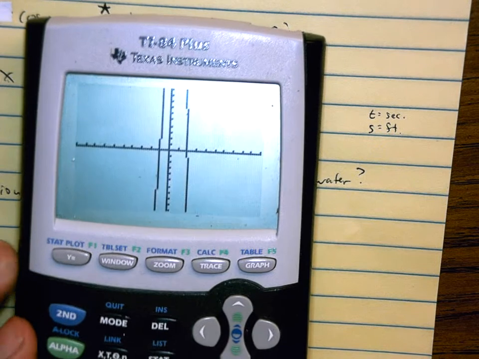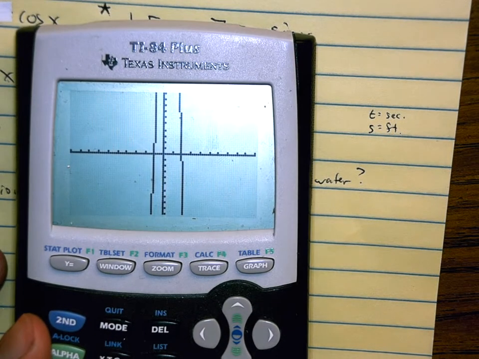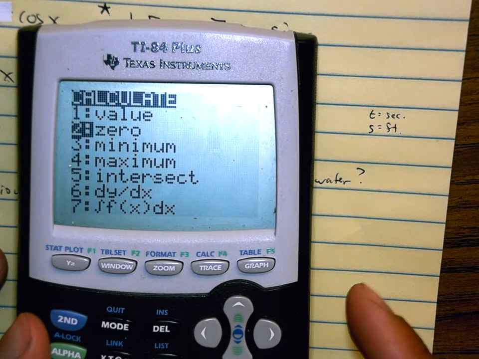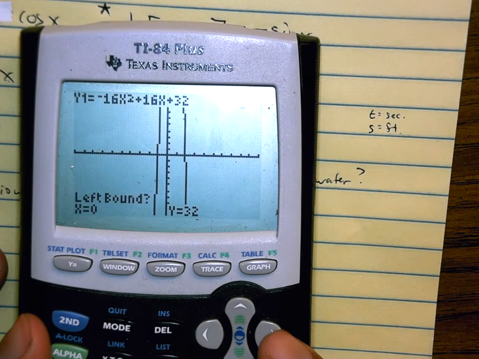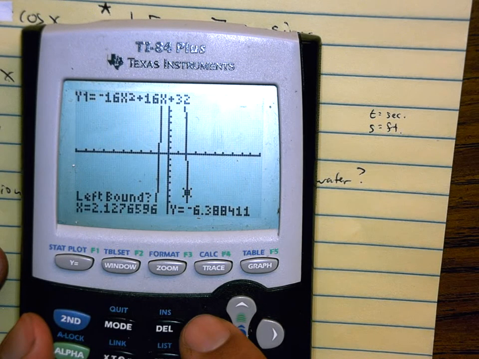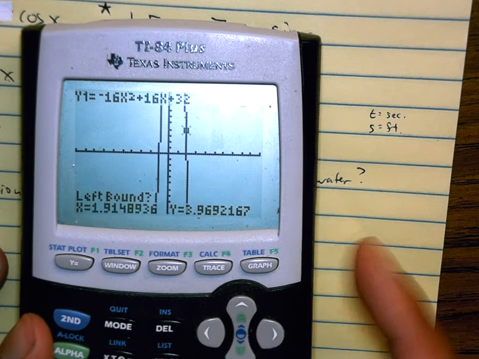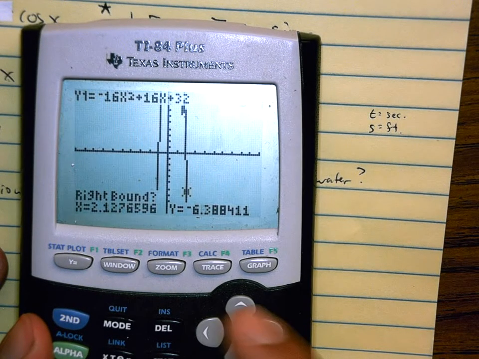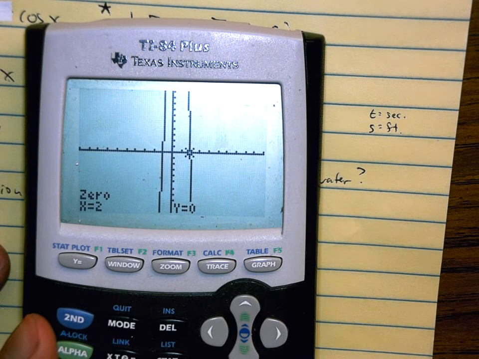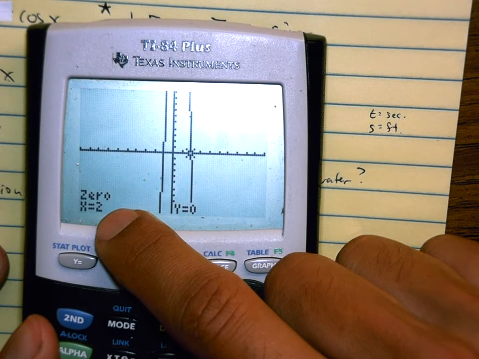Let me try to get the light just right. There we go. So I'm trying to calculate the 0. I'm going to press calculate zero. It's going to say, where's your left boundary? Well, I want the left boundary on the left side of this 0, and the right boundary on the right side, and then I want it to guess. And it tells me the 0 is at x equals 2.